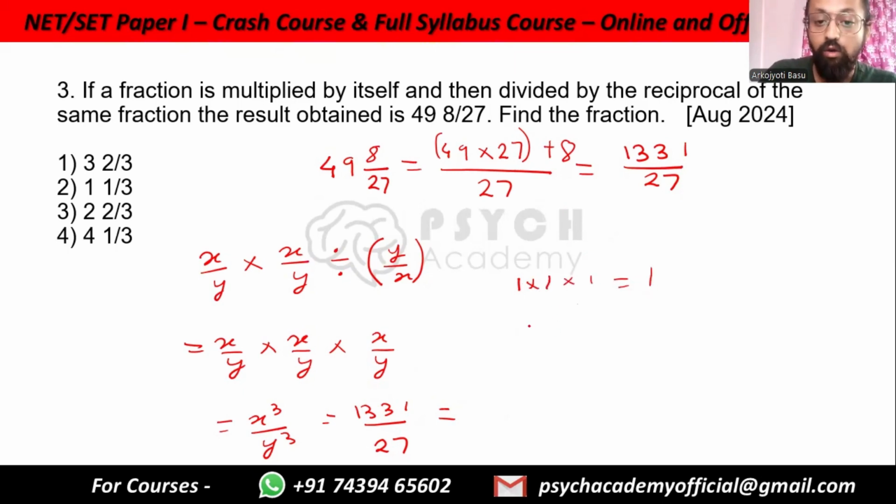If we have 3, we have 3 into 3 into 3, 27. 5 into 5 into 5, in the end you get 5. 7 into 7 is 49, you multiply 9 by 7, you get 63. Similarly, we take 9. 9 into 9 is 81. You multiply that by 9, we get 9.